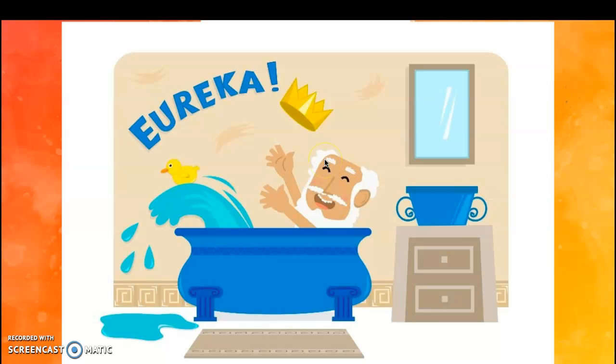And he realized that that was the solution to the problem of the golden crown, that he would be able to find out if that crown had the right density or not. And that caused him to leap out of the bath and cry Eureka, which means I found it in Greek, and then run through the streets of Syracuse naked to go solve his problem.